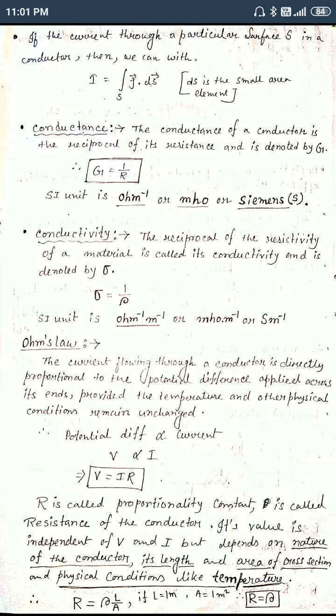The value of R does not depend upon V and I. Its value depends upon the length of the conductor, the nature of the conductor, the area of cross section of the conductor, and other physical conditions, mainly temperature.